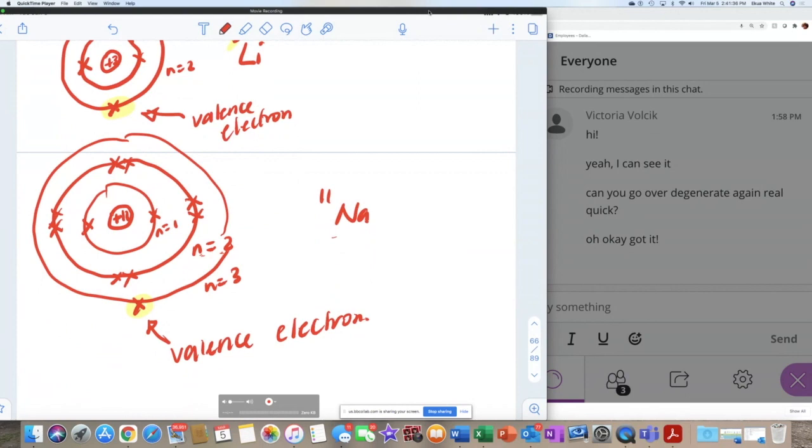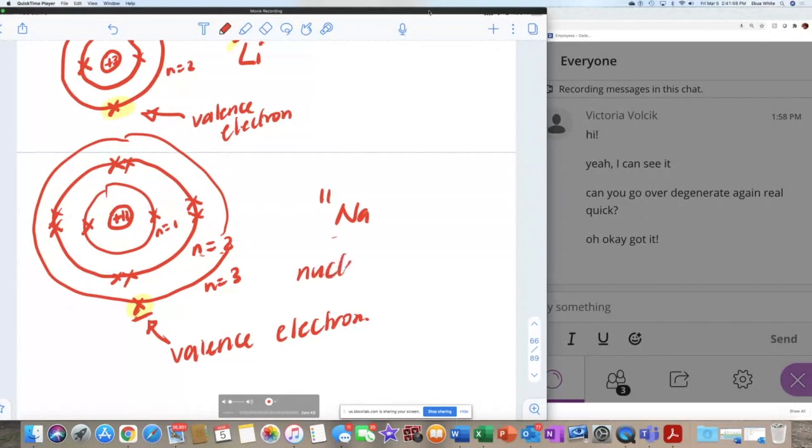Okay. So the effective charge experienced by the valence electron, it shows right here. The electrons in front of it are the ones that block it and influence the effective charge. I won't go into that because I feel like it's going to get too difficult. I'm just going to focus on this.